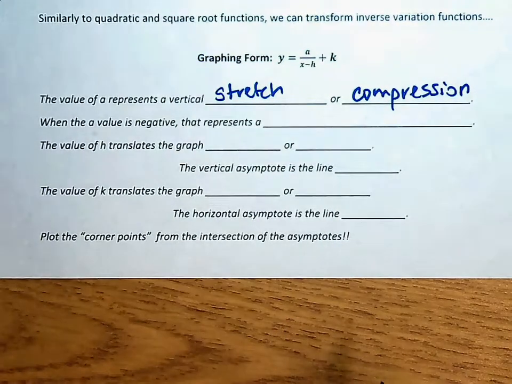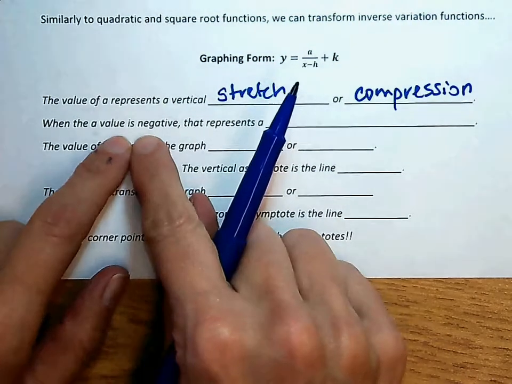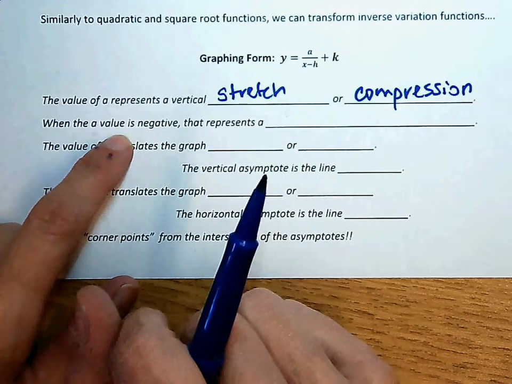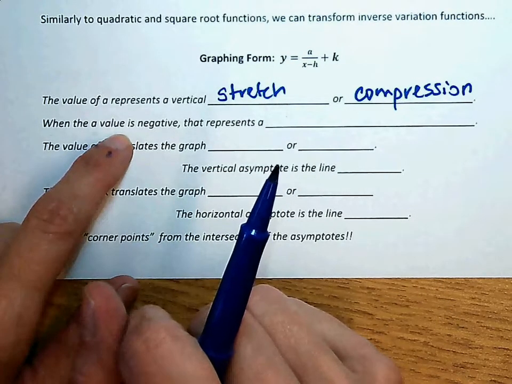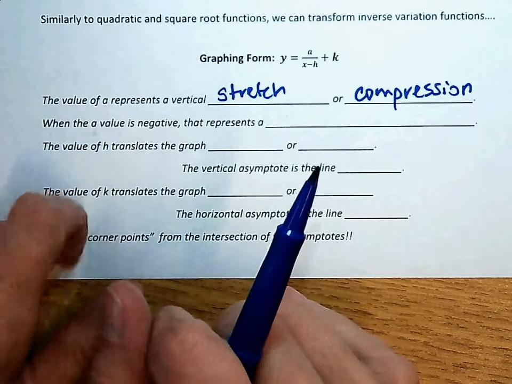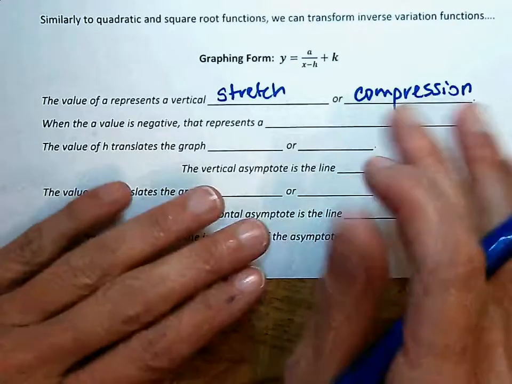Okay. What happens if the a value is negative? What did it do? You just saw it on Friday. It reflected it, right? Over where? Yes, we've only reflected over the x-axis here.